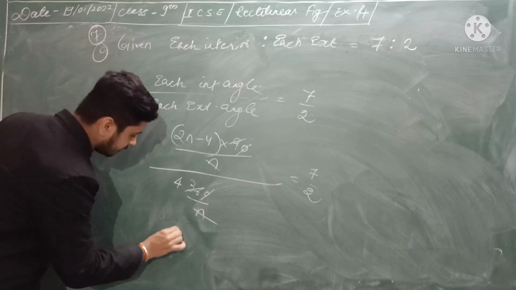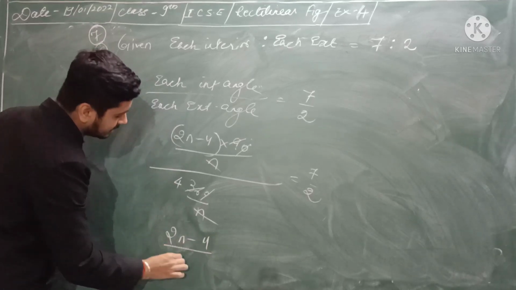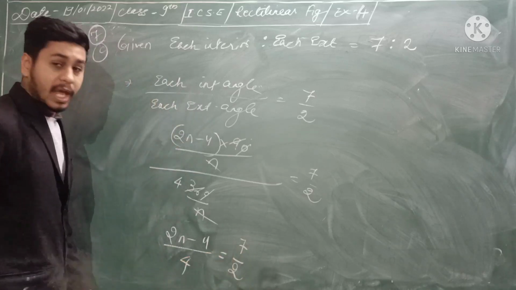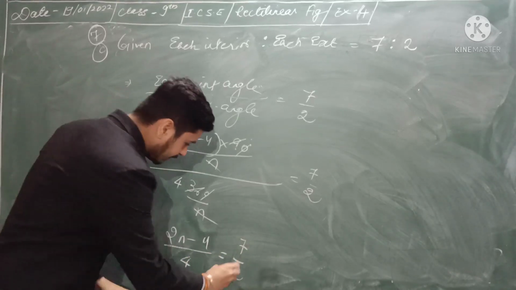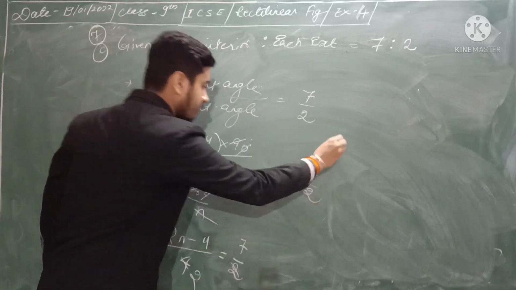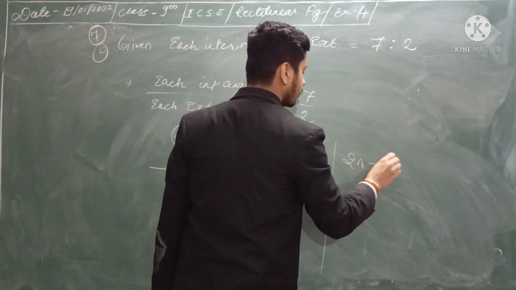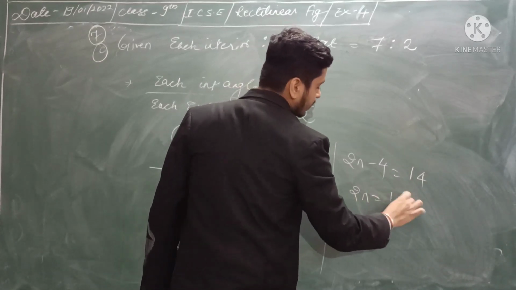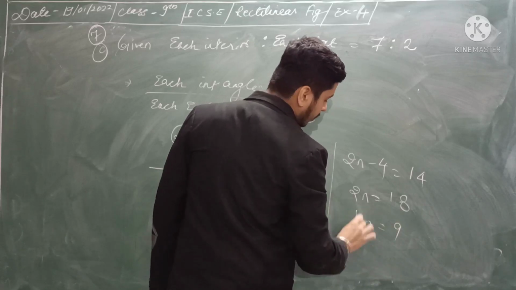So finally we will have 2n minus 4 upon 4 is equal to 7 by 2. And also this 2 can be cancelled with this 4 to get 2, and we can transpose this 2 here, it will become 14. So 2n minus 4 is equal to 14. This minus 4 can go that side, so it will be 18. So n is equal to 9.